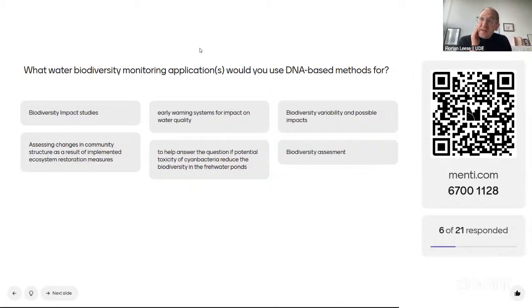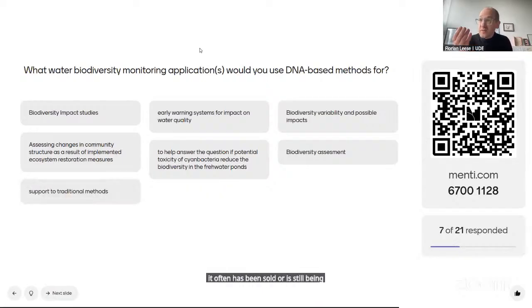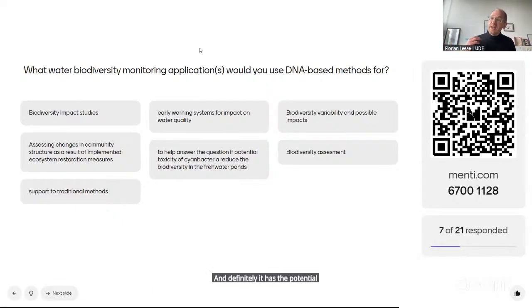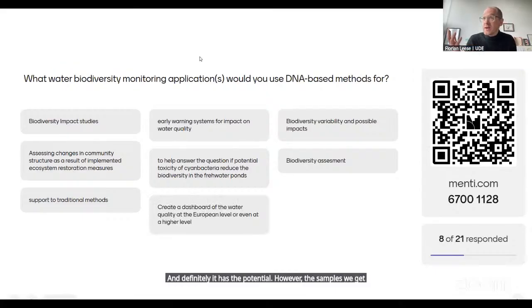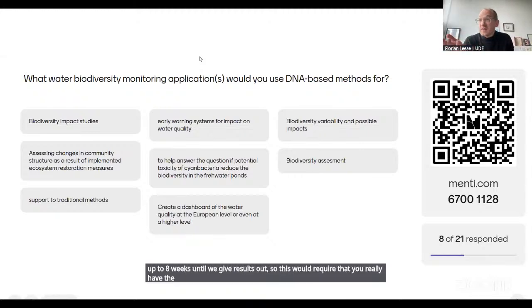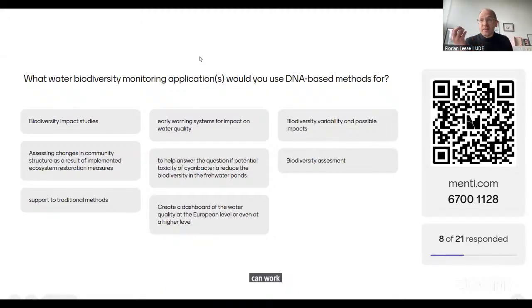It often has been sold, or is still being sold, as very fast and very cost effective. And definitely it has the potential. However, the samples we get sometimes take up to 8 weeks until we give results out. So this would require that you really have the infrastructure in place. But yes, definitely it can work, but it also requires deciding who will pay for the early warning system.